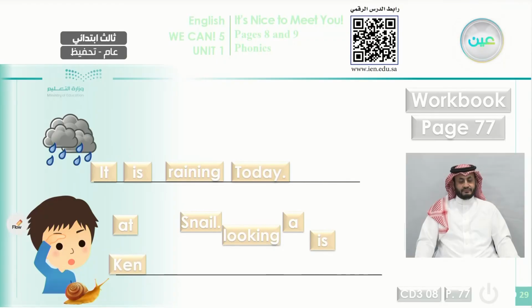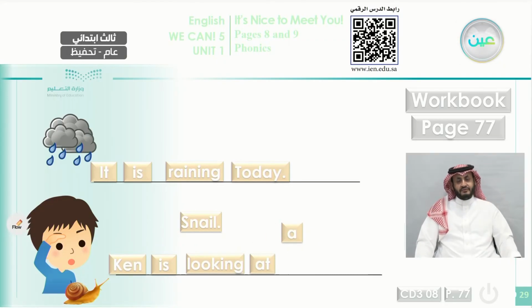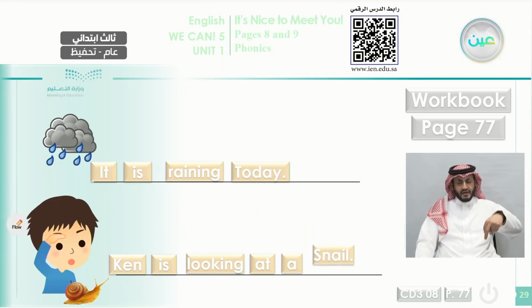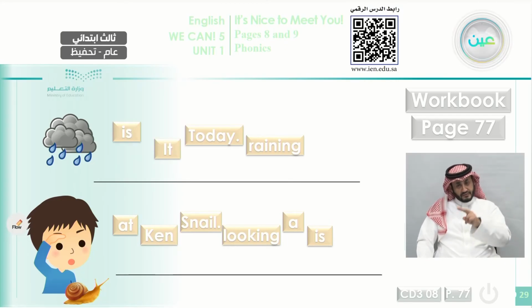Okay, Ken is looking at a snail. So this is the right way to write this sentence. Okay, is it okay now? Let's scramble it again, and you will find out when your colleague is reading how to unscramble these two sentences.